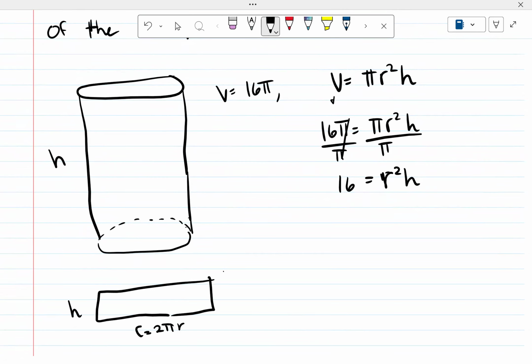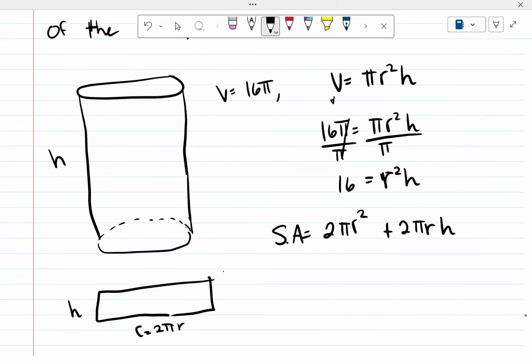So what other formula do we need? We need the surface area. So surface area is 2 pi r squared plus 2 pi r h.